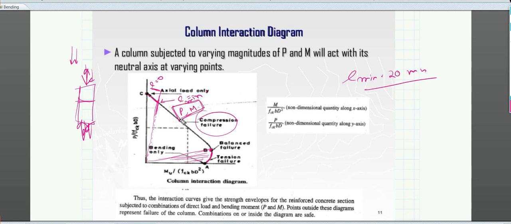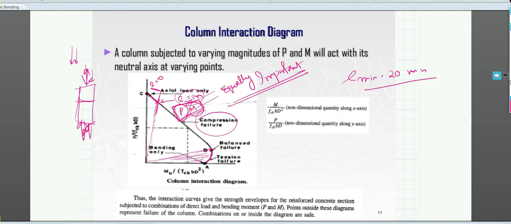Within this range, from e minimum up to the balanced failure, both P and M are equally important, so you have to consider both axial force and moment.